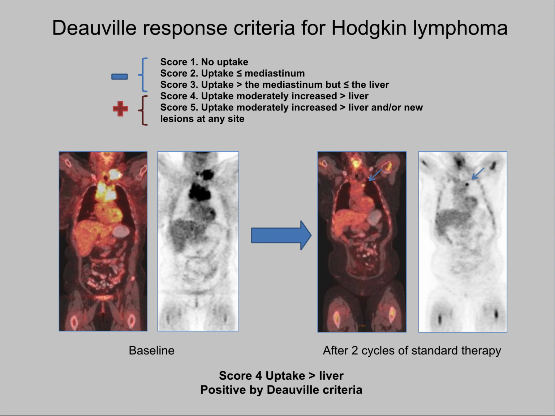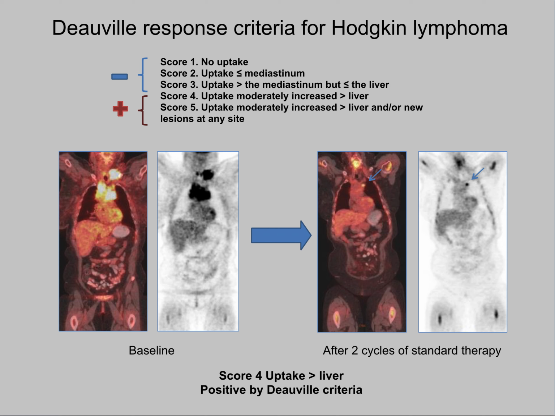So for Deauville response criteria, again, this is where it's pretty easy. We simply score the amount of uptake by comparing it to the blood pool and comparing it to the liver. And in general, if it's less than liver, it's negative. If it's liver or more, it's positive, which makes it easy.